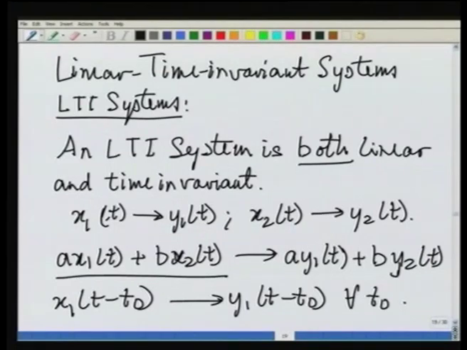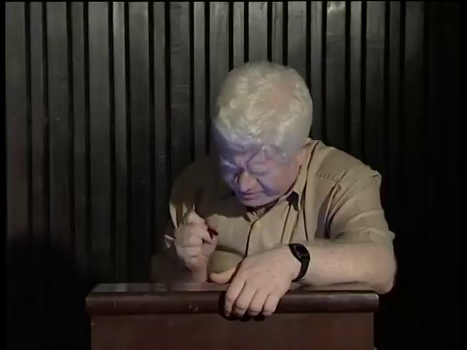Now, once we have this property for a certain system, we can see gradually what this yields in terms of our forming a new description for systems which are linear and time invariant. So, let us begin. We introduce a property called convolution.